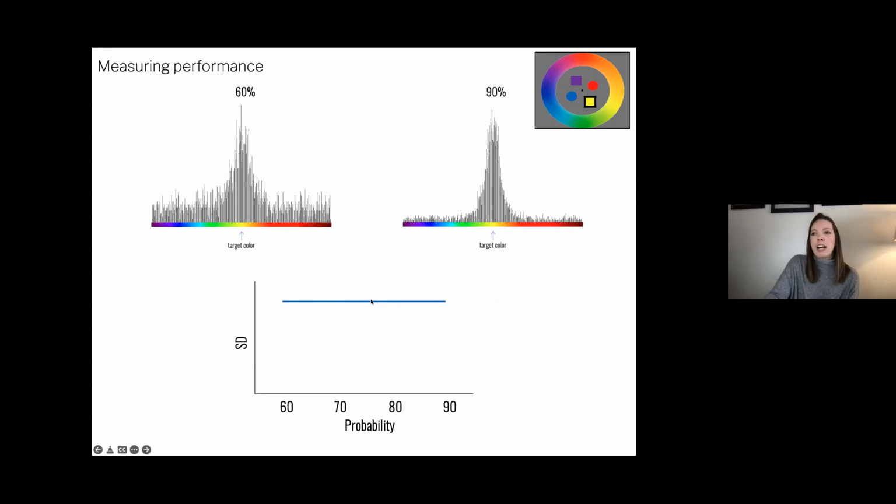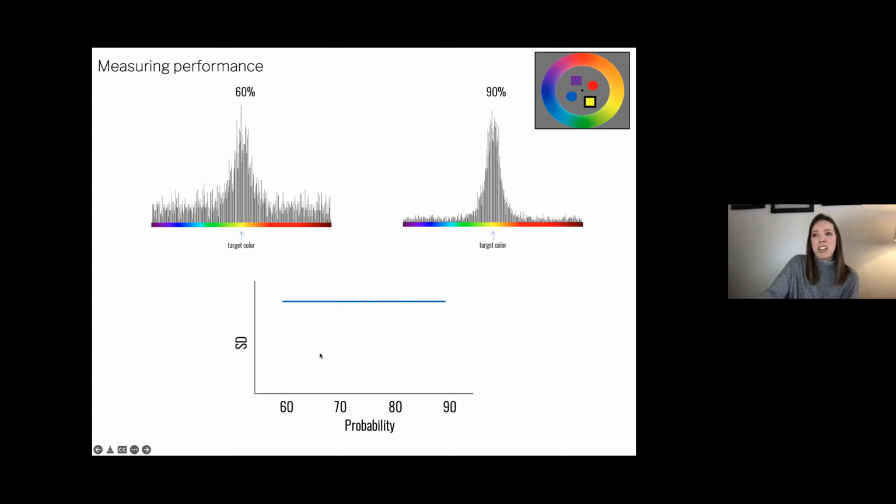This flat line might be lower or better for valid trials than invalid trials, so maybe their standard deviation is lower for these squares relative to the circles, but manipulating how valuable those squares are affords them no benefit beyond that.